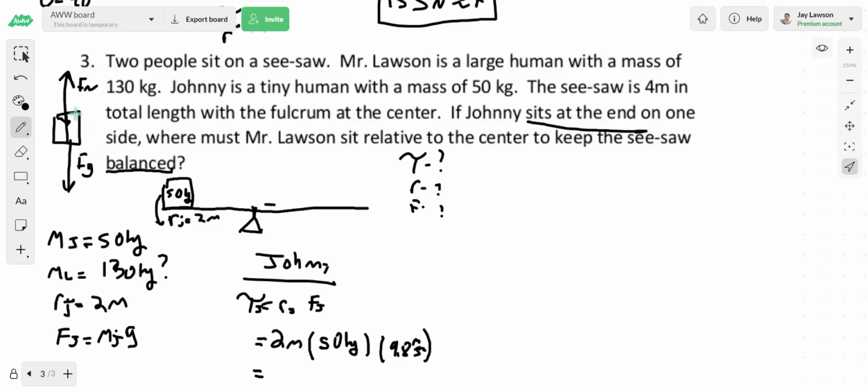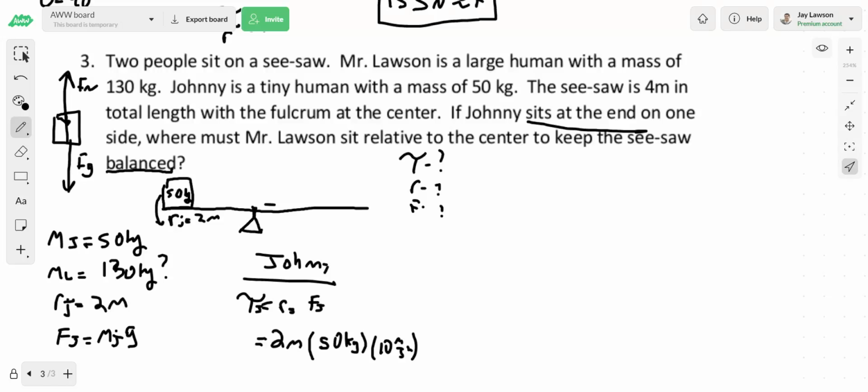Let's see. Actually, to make the math easier, I'm going to use 10 as my acceleration due to gravity. Just round it up, just to show you how to work the problem. Because sometimes you're asked to use 10, sometimes you're asked to use 9.8. It just depends on the problem and who's asking it.